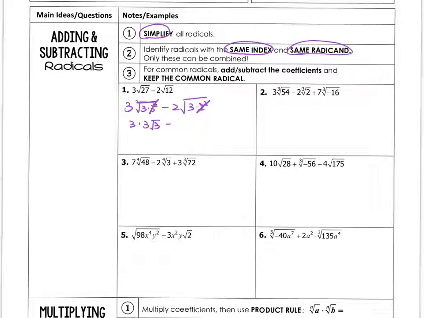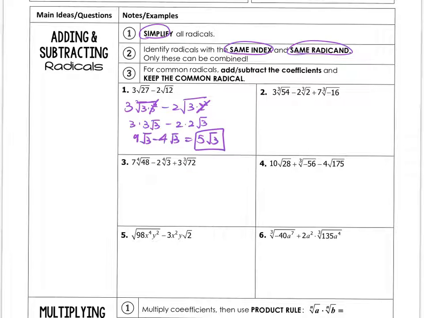And same thing with that one, that gets canceled, but the base 2 comes out, and the 3 remains in the square root. So now I have 9 root 3 minus 4 root 3. I can just do 5 root 3. That's my final answer there.